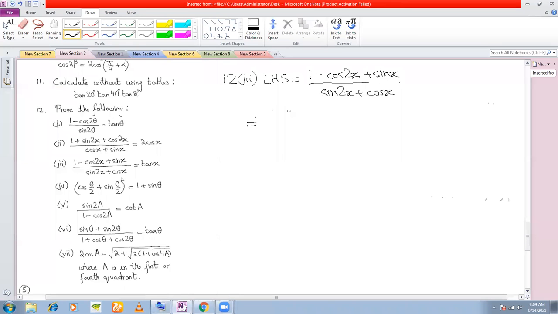You convert all these multiple angles to normal angles. So 1 minus cos 2x, going by the formula, is 2 sin square x, and plus sin x you write as it is. Sin 2x now can be written as 2 sin x cos x, and this cos x you write as it is.